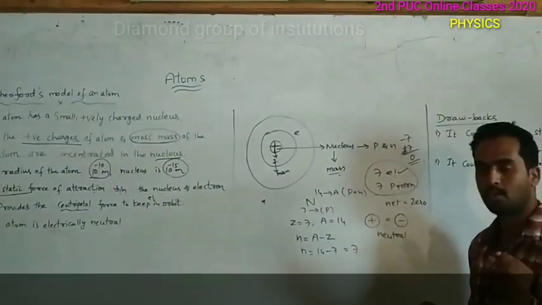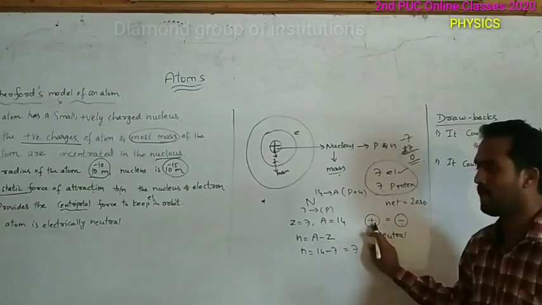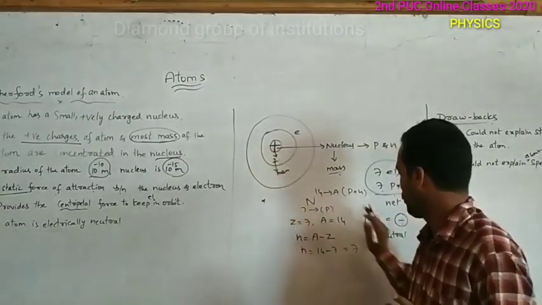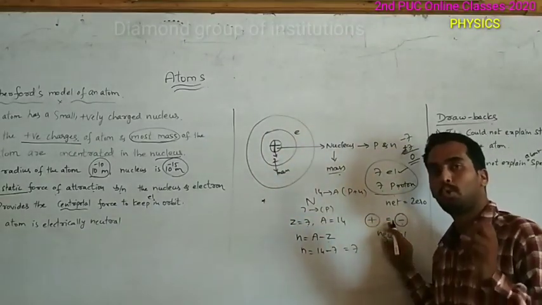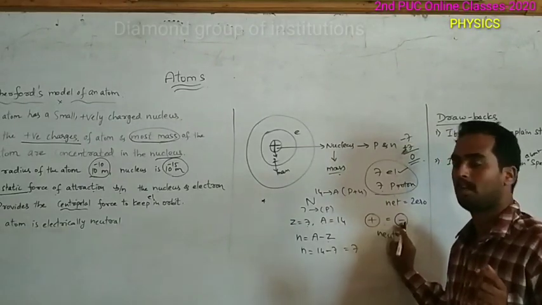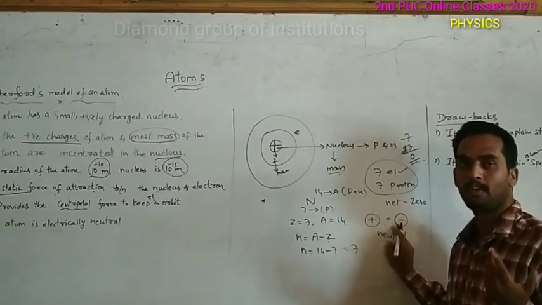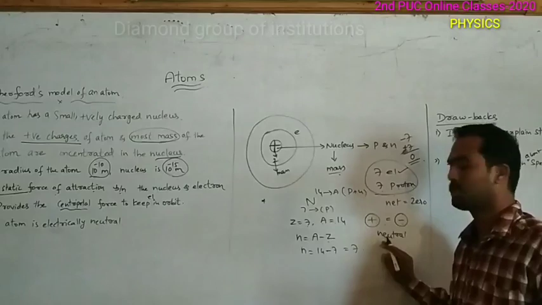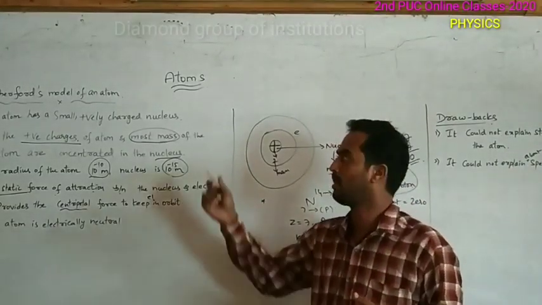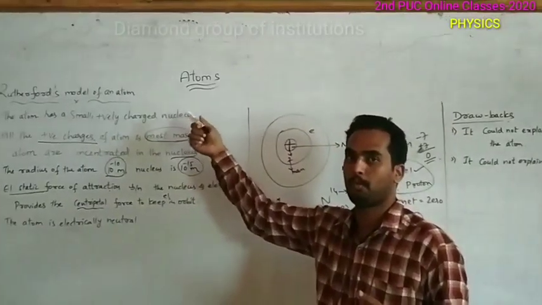That means the total positive charge in the nucleus, if it is equal to the total negative charge of the electrons, then we can say that the atom is in which position? Neutral position. So these are the postulates of the Rutherford model.